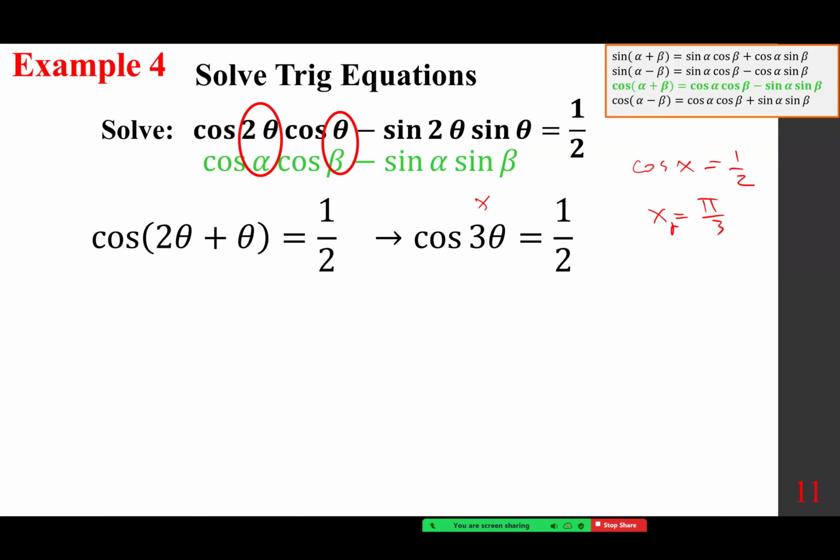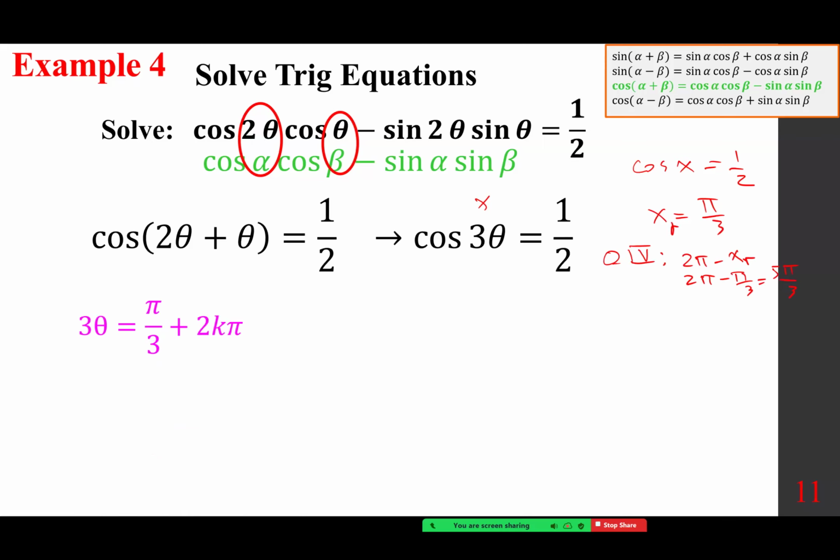Remember, cosine is positive in the first quadrant and in the fourth quadrant. In which case, we are going to write 2 pi minus the reference arc. That means 2 pi minus pi over 3. That means 5 pi over 3.